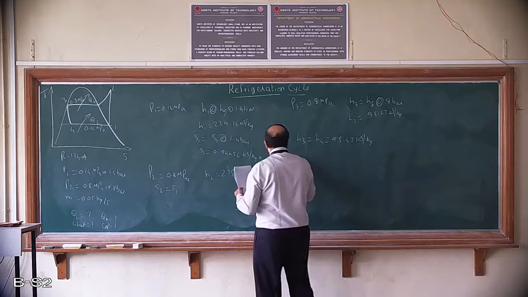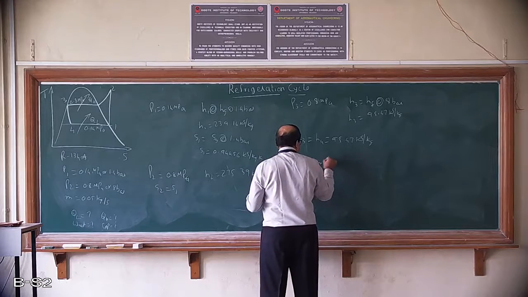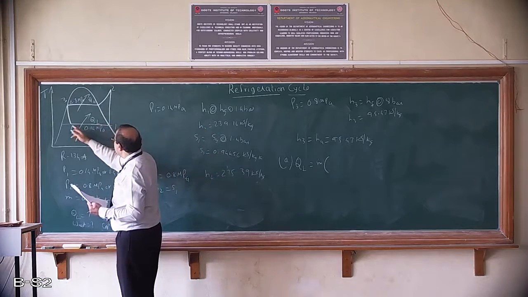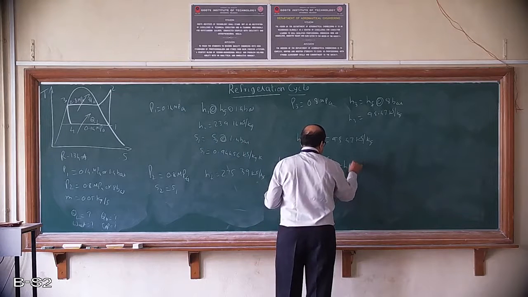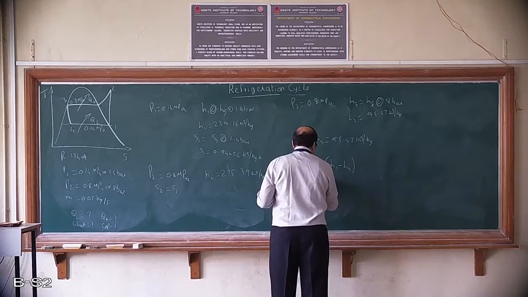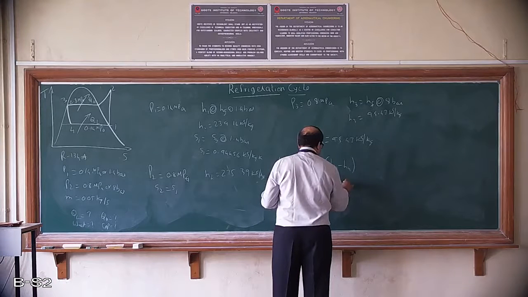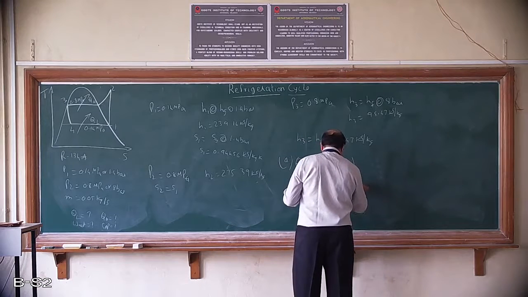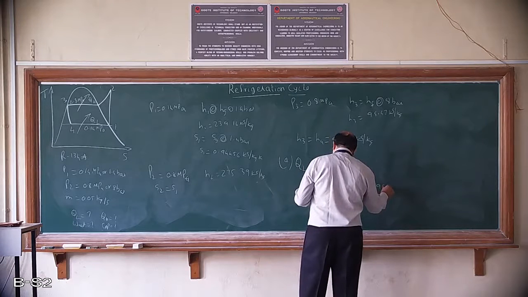Now we'll solve the first problem, that is QL is m dot into, what is this? QL where exactly happens? H1 minus H4. So H1 minus H4. M dot is 0.05 kg per second into H1 is 239.16 minus H4 is 95.47.